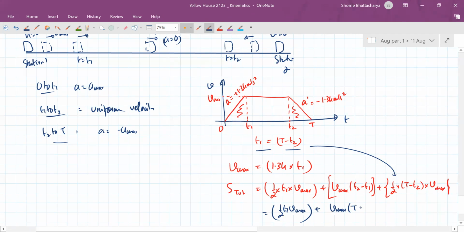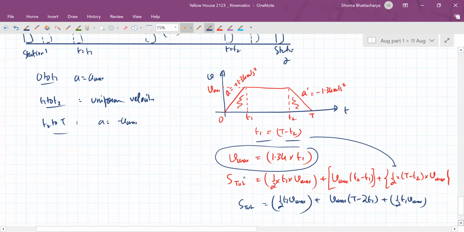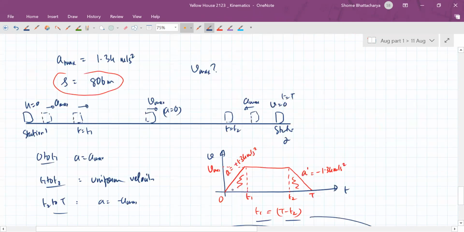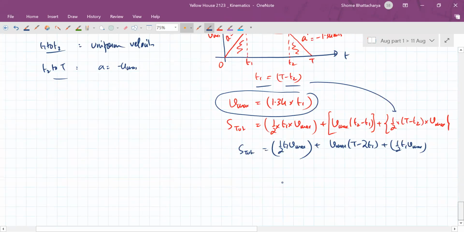So now this will become T minus 2T1, plus this, so this is the total displacement. Plus this will also become half T1 Vmax. Okay. Now notice the fact that this Vmax is this much. So the total displacement, which is how much now? 806 meters, is equal to T1 into Vmax plus Vmax into total time minus 2T1.